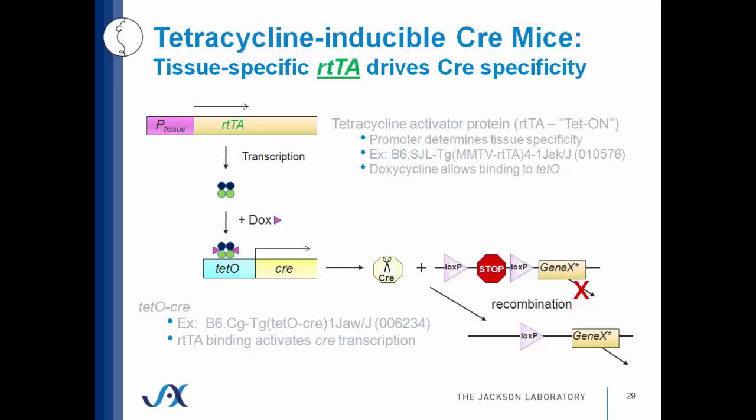Or it could be used to, say, delete a LOXP flank stop cassette and turn on your gene of interest. So you have multiple options using this system. But again, you're going to have 1, 2, 3 different alleles involved, so therefore the breeding is going to be a little bit more complicated.